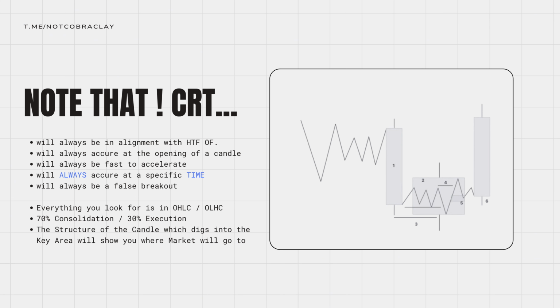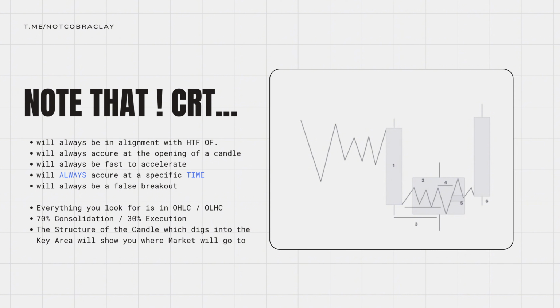CRT will always occur at a specific time. There's no Y without X and there's no X without Y. CRT will always be a false breakout. Okay, always. If it isn't a false breakout, then it's a continuation trade and not a CRT trade.